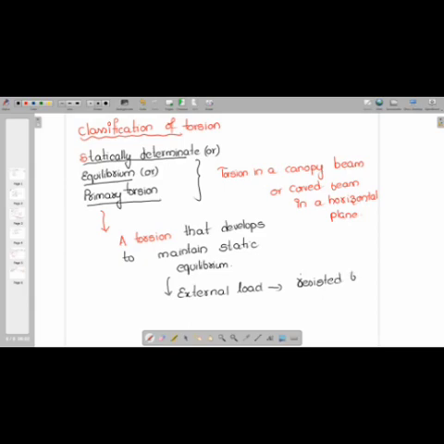If you are applying a load on a structure and it is resisted by torsion only, then we can call it statically determinate torsion. Okay, clear students?